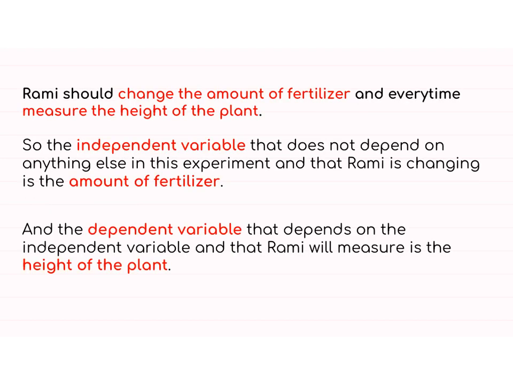So Rami is changing the amount of the fertilizer, and every time he is measuring the height of the plant. So the independent variable that does not depend on anything else in the experiment and that Rami is changing is the amount of fertilizer. And the dependent variable that depends on the independent variable that Rami will measure is the height of the plant.